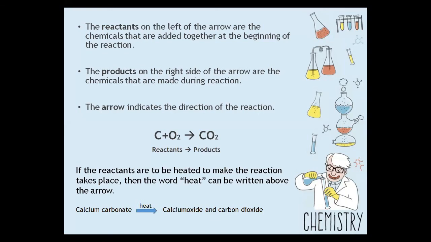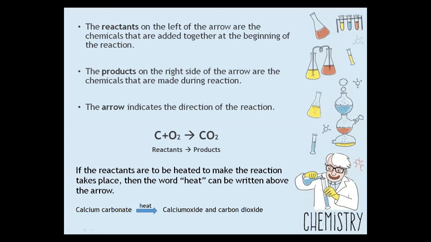And the product will be written on the right side of the arrow. These are the chemicals that are made during the reaction when two or more chemicals are combined together and a product is formed. The reactants will be written on left side and the products will be written on the right side of the arrow. The arrow indicates the direction of the reaction.